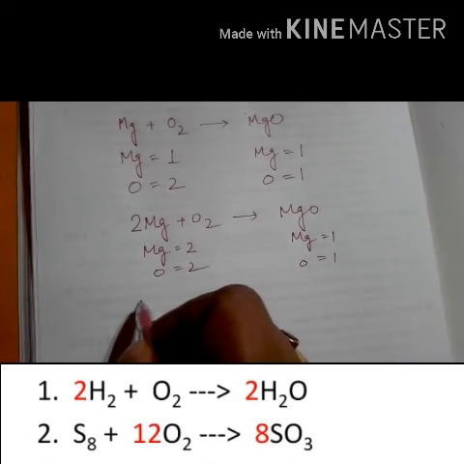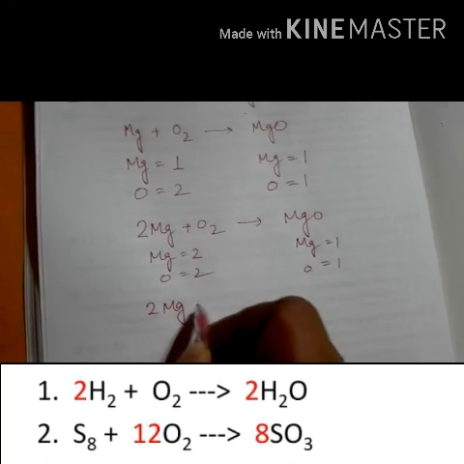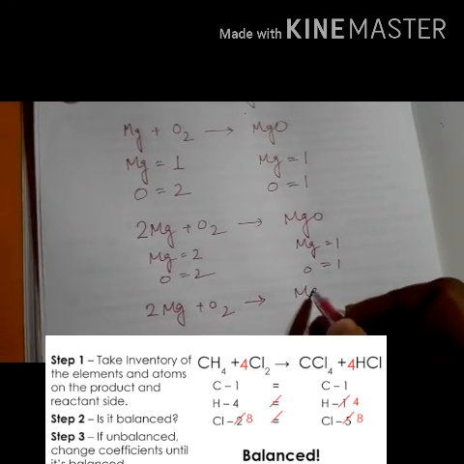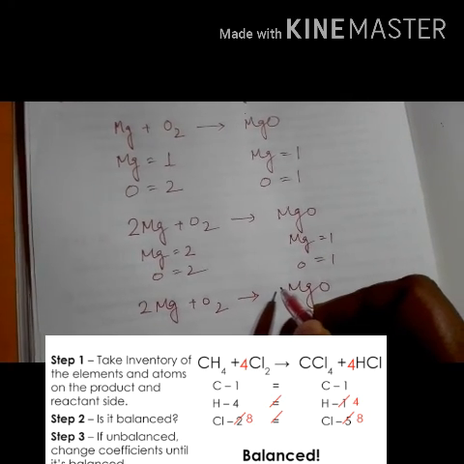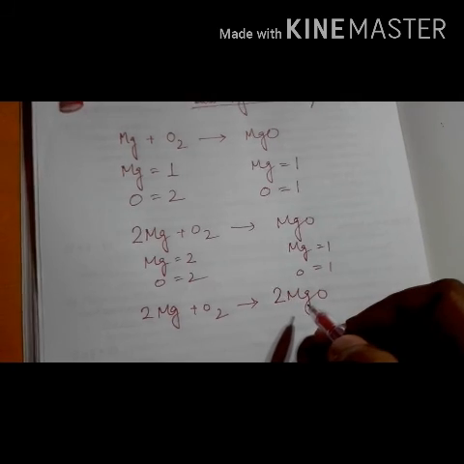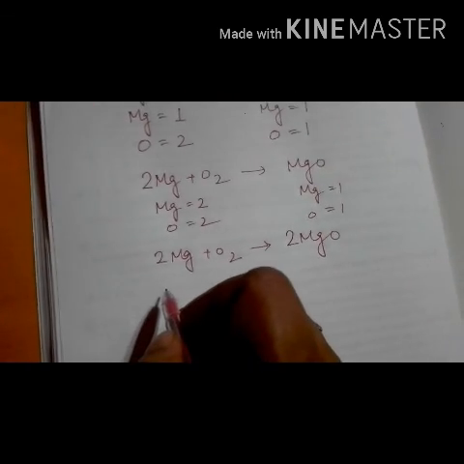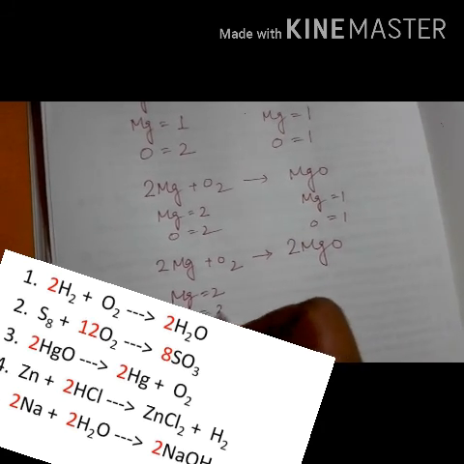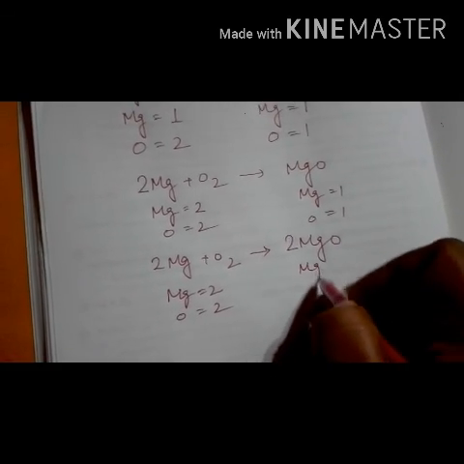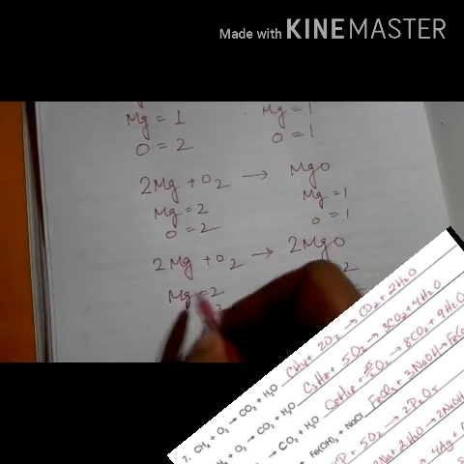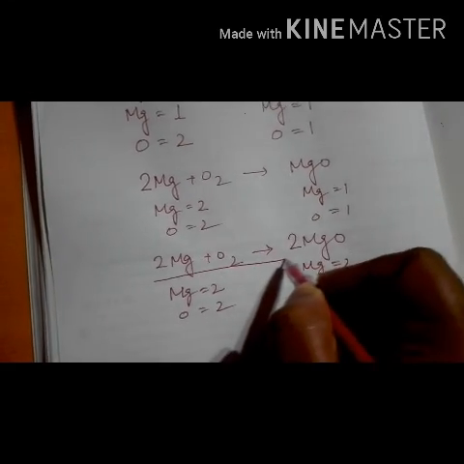In the next step, 2Mg plus O2 changes into MgO, and on the product side we multiply by 2, that is 2MgO. That means magnesium is 2, oxygen is 2 on the reactant side, and on the product side magnesium is 2 and oxygen is also 2. That means it is the properly balanced equation.